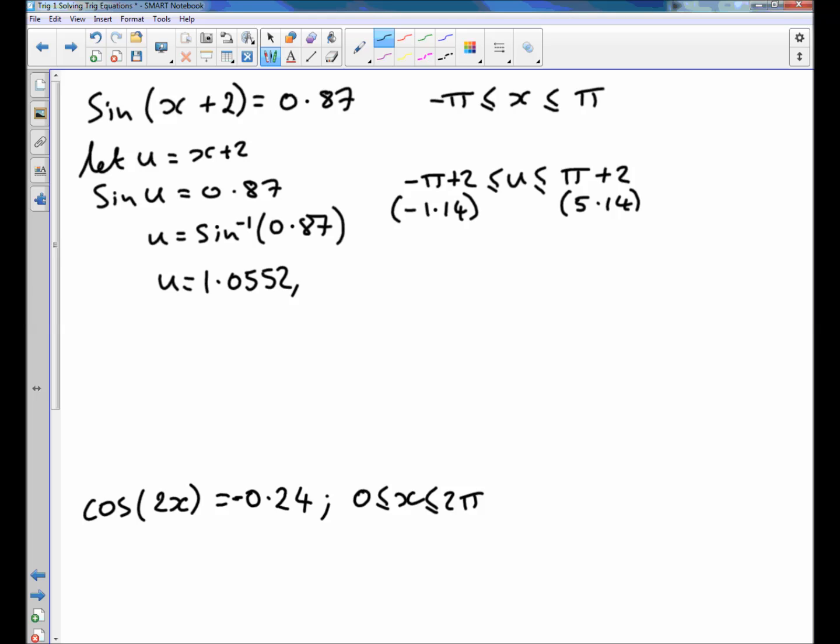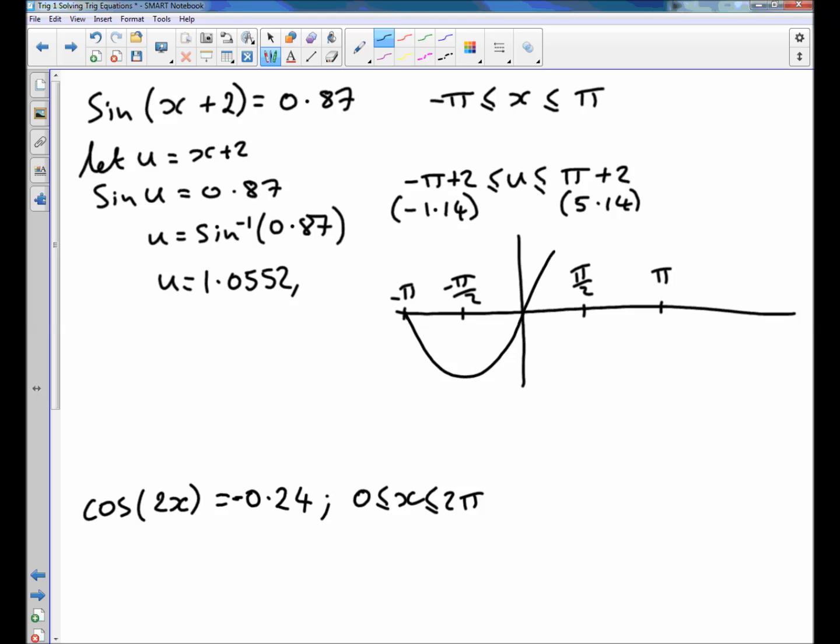Secondary solutions. I need my trig graph. So, between minus pi and pi, minus pi over 2, pi over 2, and pi, sine x looks like that.